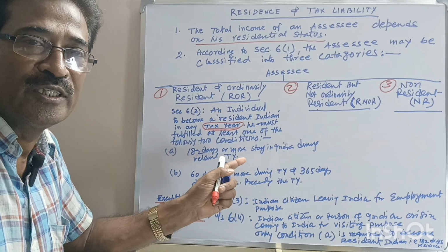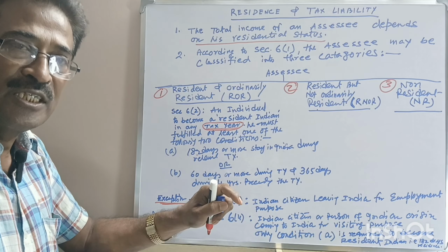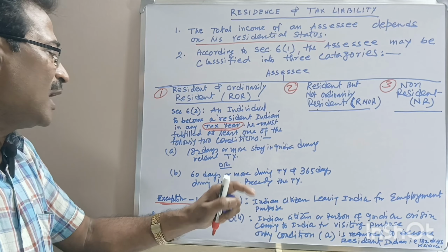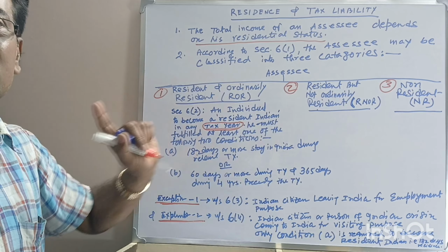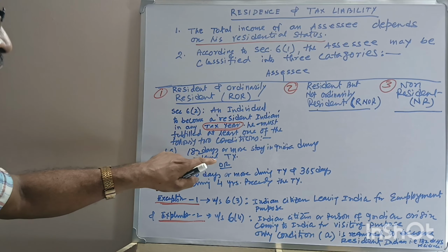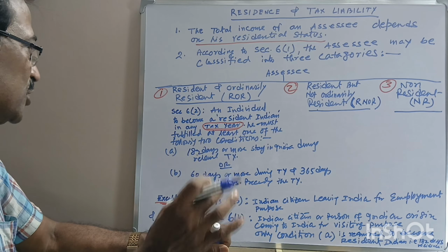So either of the two conditions: 182 days in the relevant tax year, or 60 days or more in the relevant tax year and 365 days during 4 years preceding the tax year. This is the basic condition to be fulfilled to become a resident person in India.